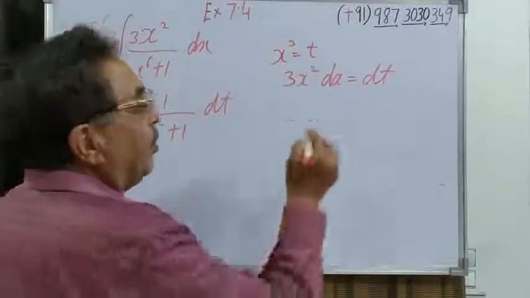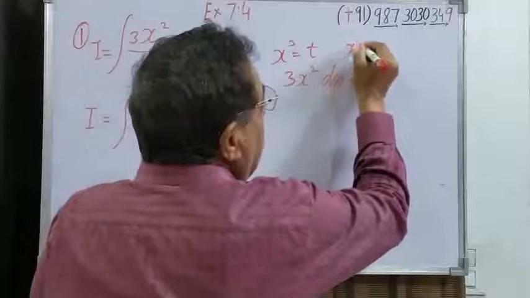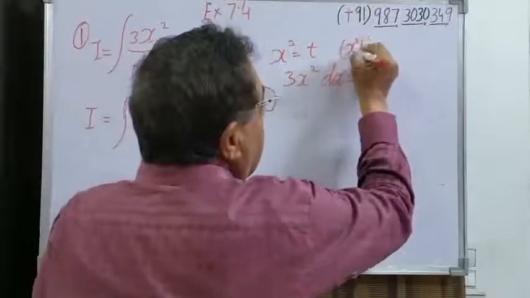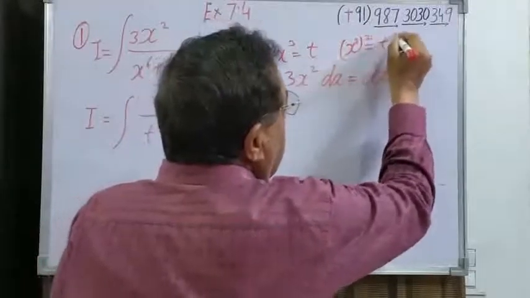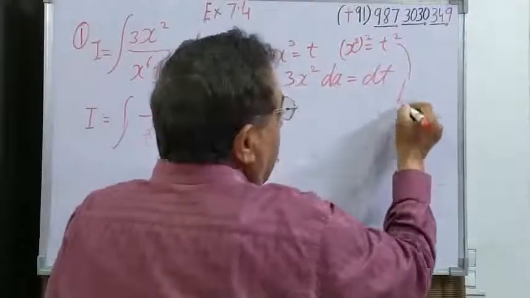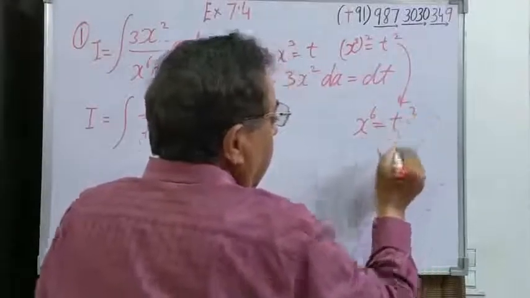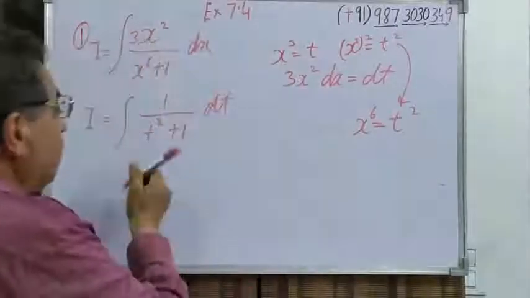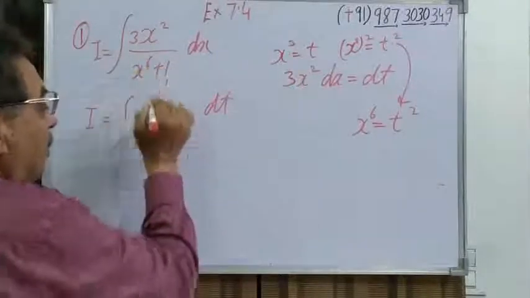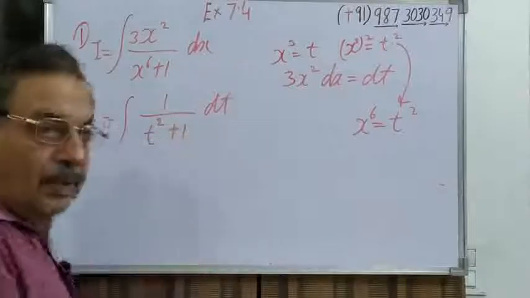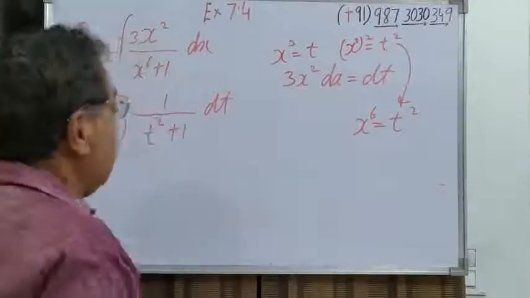When x cube is equal to t, that implies x cube square is equal to t square. So x to power 6 is equal to t square, and this is what I have written: for x to power 6, I have written t square plus 1, with respect to dt.